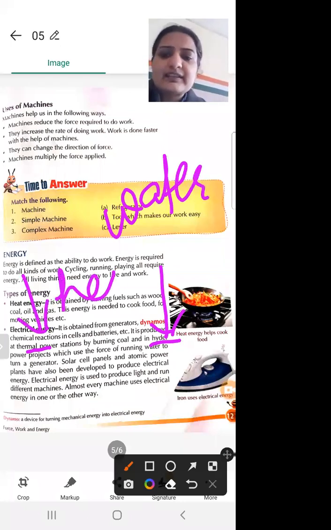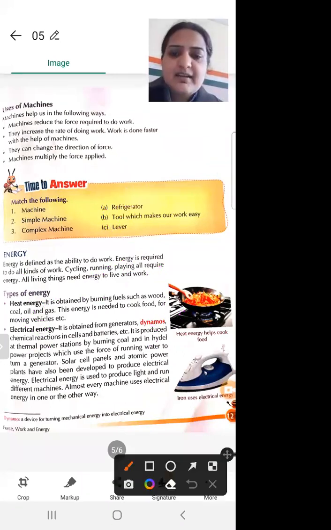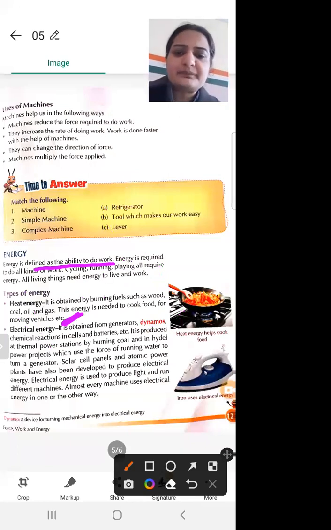So heat energy is used in the thermal power plant. So you have to reach up to the heat energy. So what do you mean by energy? It is ability to do work. And what are the types of energy? First is heat energy.